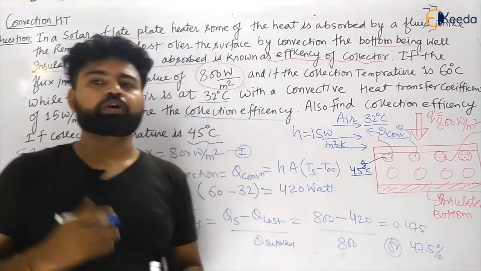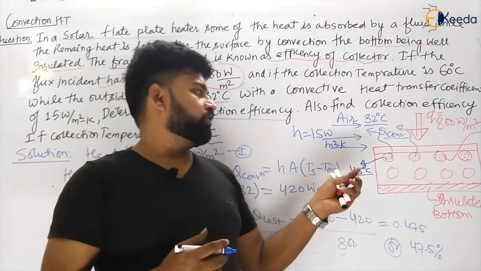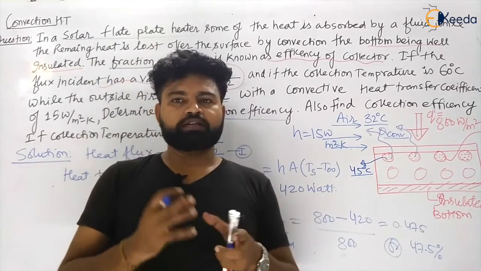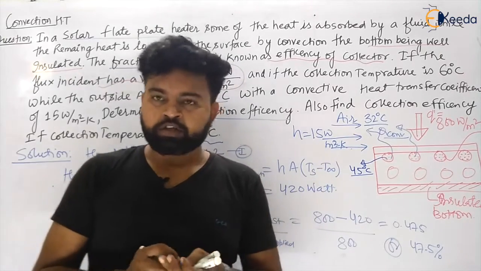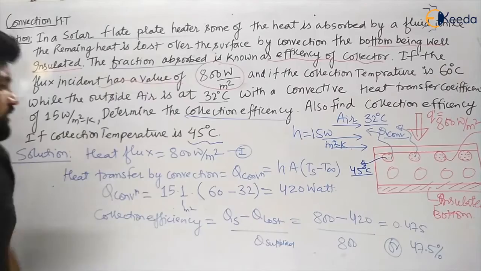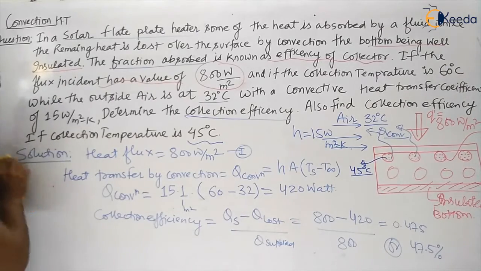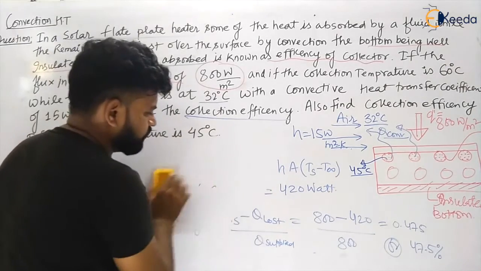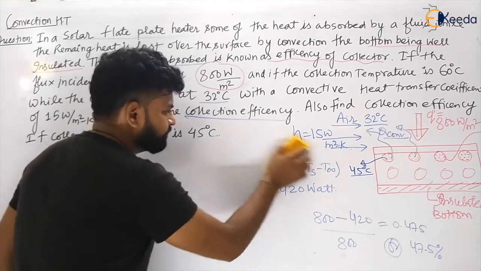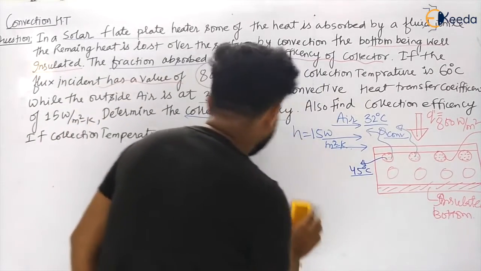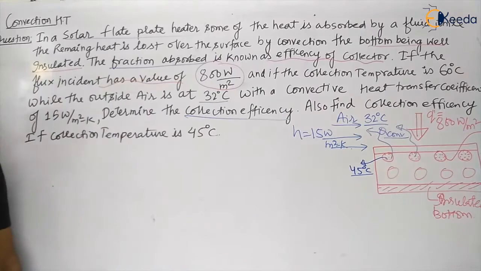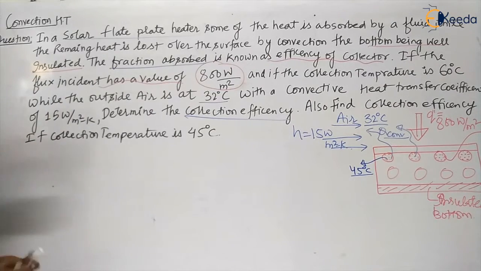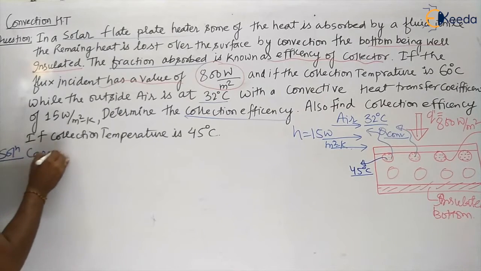Maybe there is some more heat loss, or we can say the water is having 45 degree Celsius temperature. So let us observe what is happening here. So case second: if the collector temperature becomes how much?